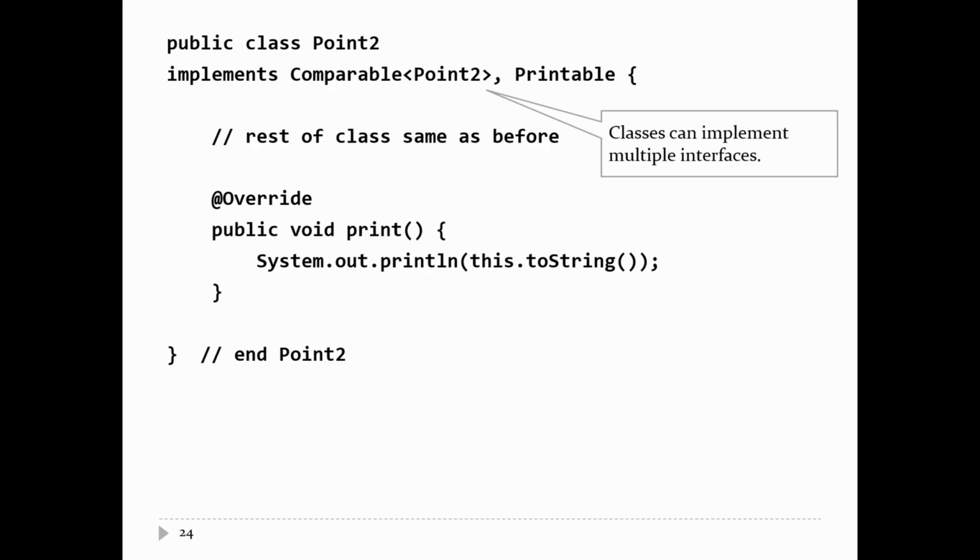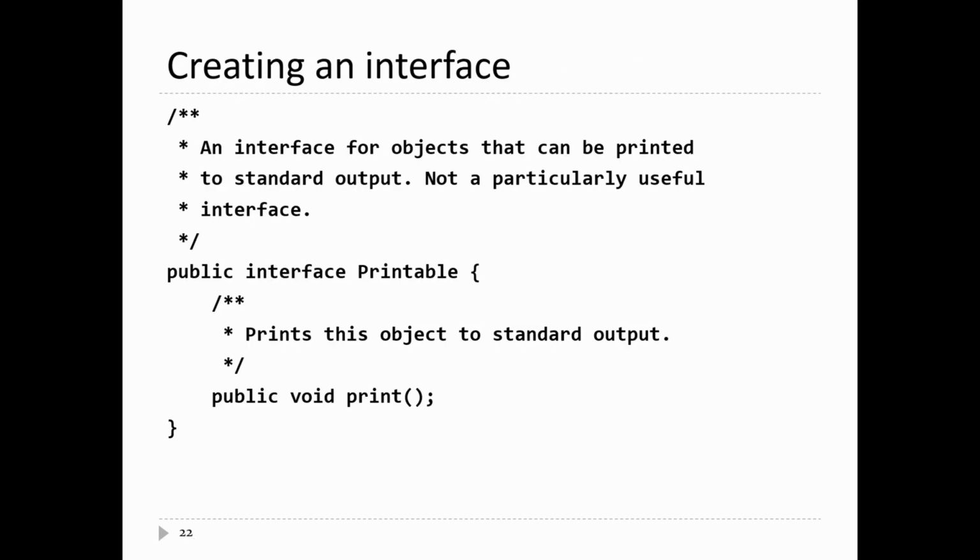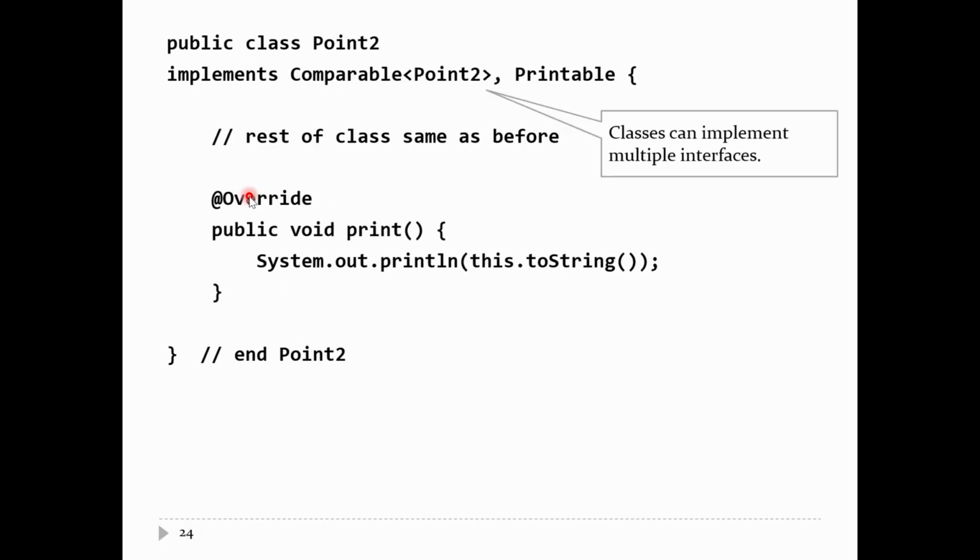You don't change anything else in the class. You don't have to go in and change the constructors or any of the other methods. All you have to do is provide whatever method Printable says you must provide. Printable says you must provide a print method, which looks like public void print. You can't change this when you implement the interface. So I'm going to provide the method public void print.